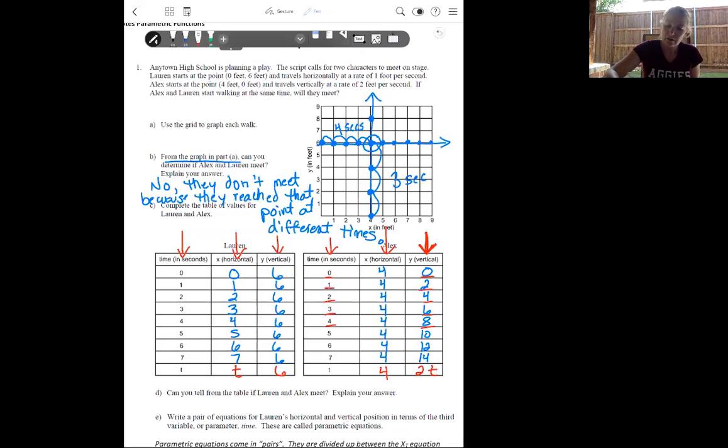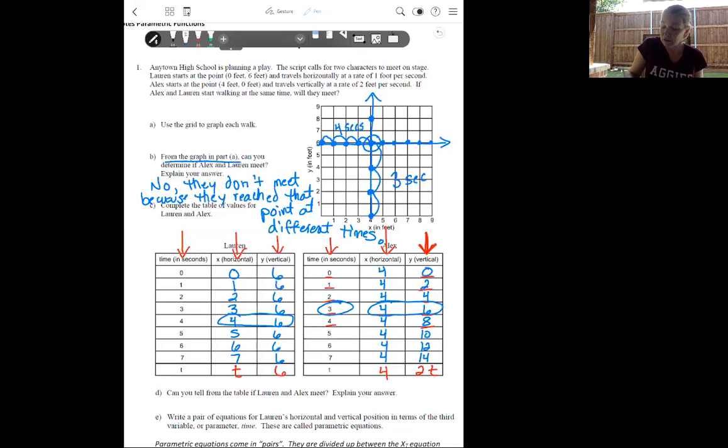So then part D, down below. Can you tell from the table if Lauren and Alex meet? Okay, do they have the same point of intersection? Yes, they do. 4, 6, 4, 6. But notice the time.